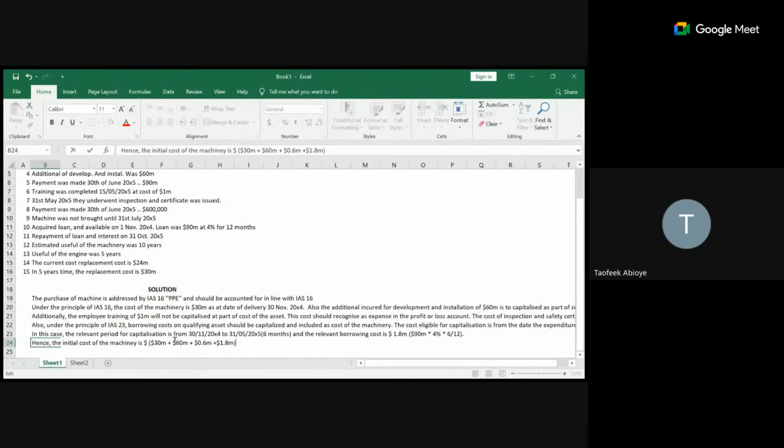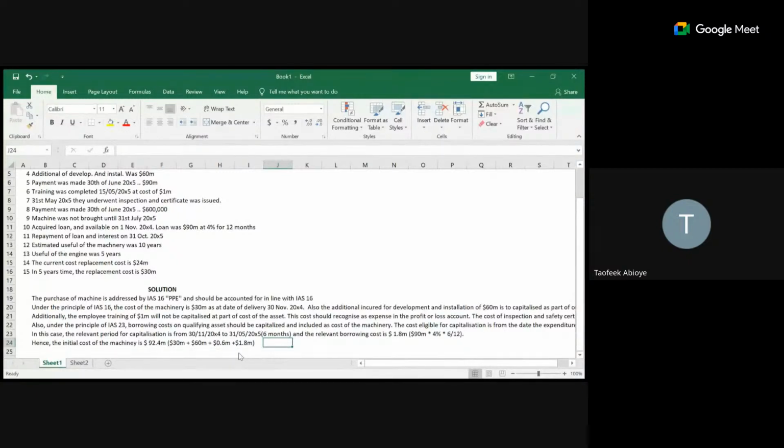When we add all these together, it's going to give us what? 90 plus 0.6 plus 1.8 is 92.4 million. So that's the initial cost of our machinery at the date of initial recognition.